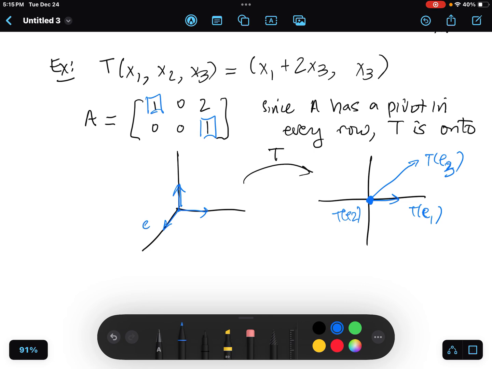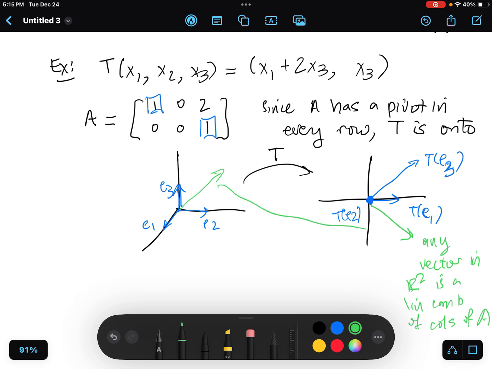Right, so here's my E1, E2, E3. Do you see what's going on? Any vector in R2 is a linear combination of the columns of A. And that corresponding linear combination, I can take the corresponding linear combination of E1, E2, and E3, and then that vector will go to that vector.